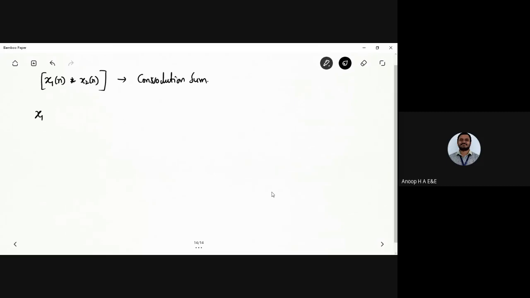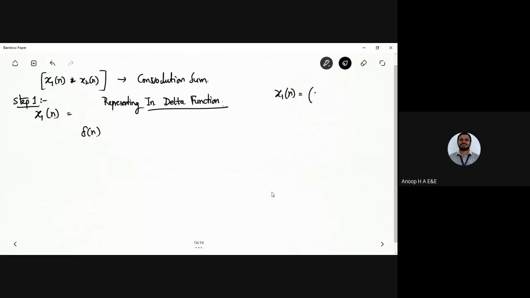So first, step 1: what you can do is represent x1 of n in delta functions.